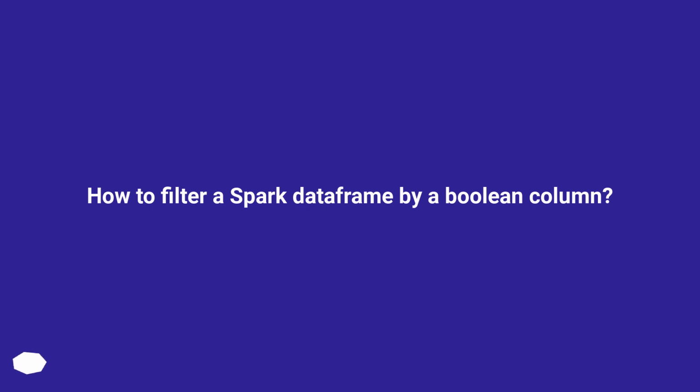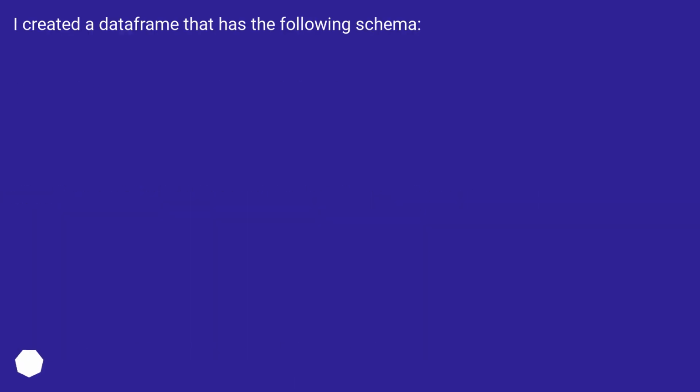How to filter a Spark data frame by a boolean column? I created a data frame that has the following schema.